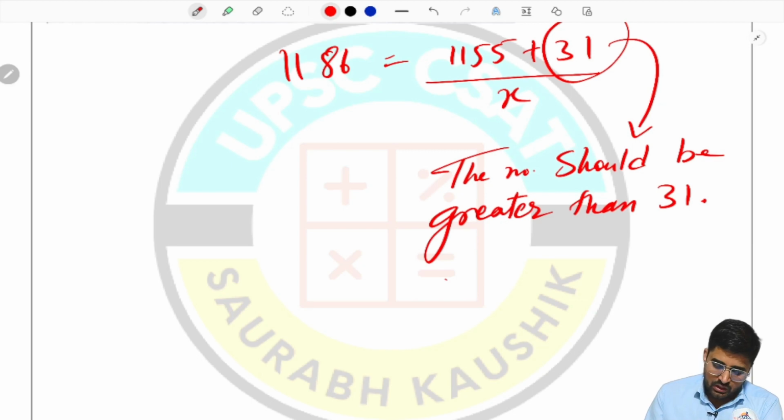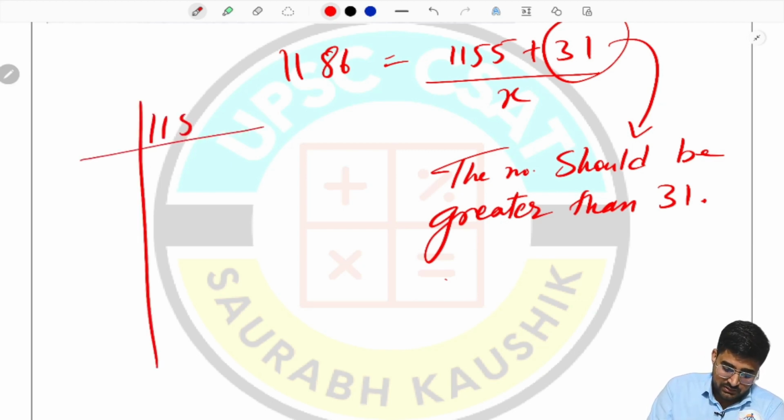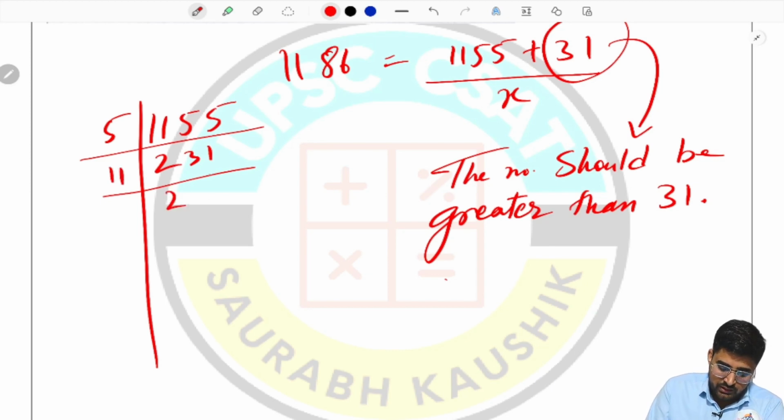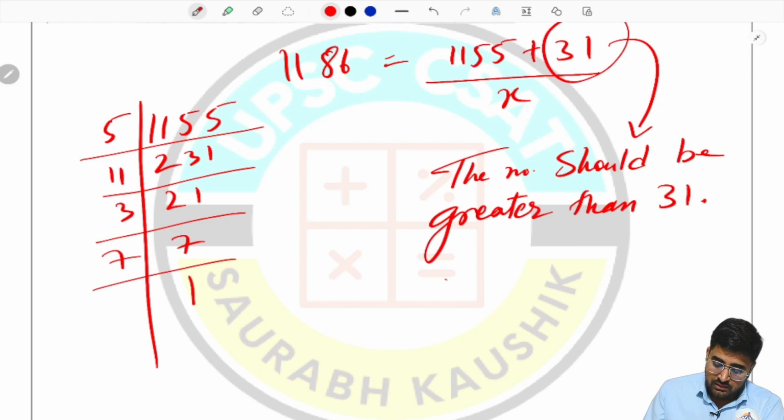Okay. Now what to do? Same, make factors. Simple as that. 1155: 5 times 231, 231 is 3 times 77, and 77 is 7 times 11.